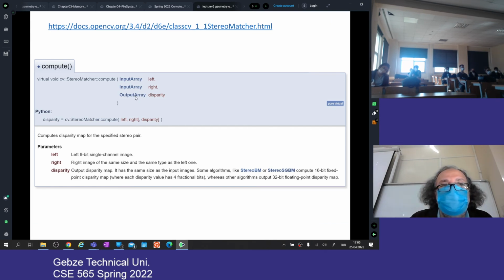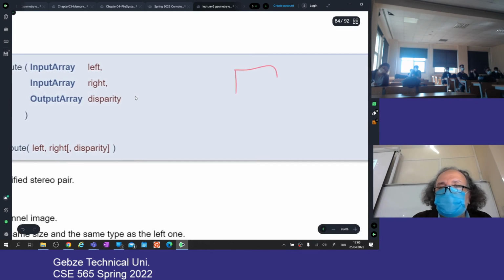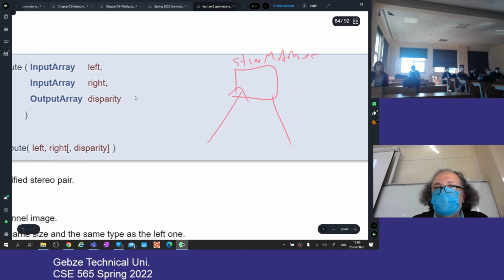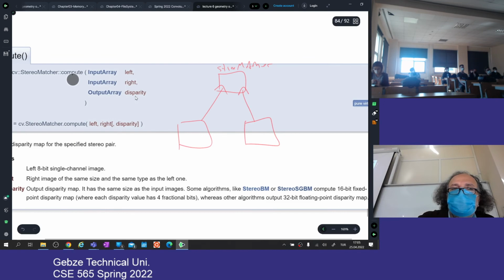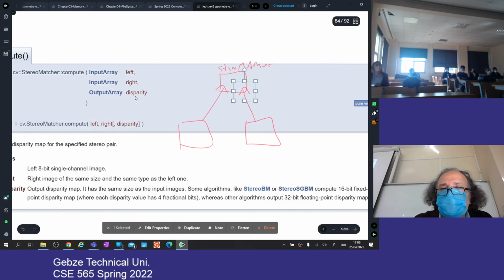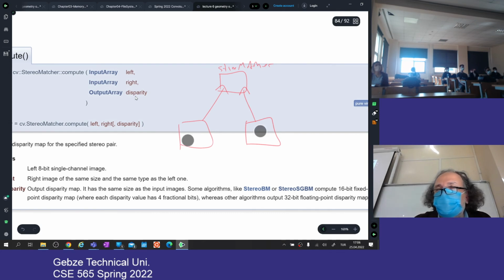There is a stereo matcher base class, and you derive classes from that one. This compute disparity function is a pure virtual function. It is not implemented in the base class, but it is implemented in the derived classes.